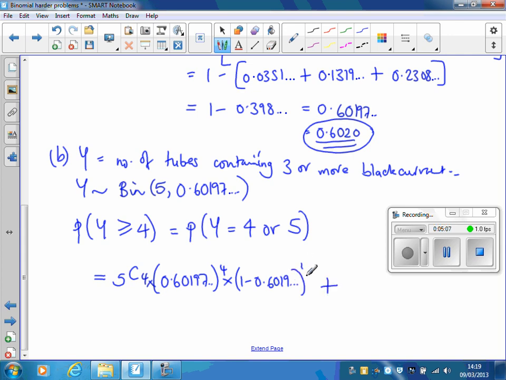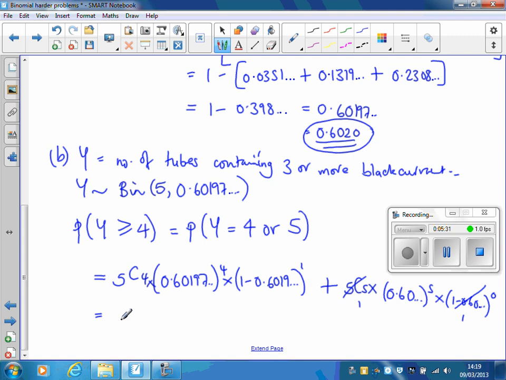Now the probability that y is equal to 5 is 5c5, well that's just going to be 1. Success again, so that's 0.60197 to the power 5, multiplied by 1 minus 0.60197 to the power 0. Well actually that's just 1, and that's just 1. So if we carry on, 5c4 is actually just going to be 5.